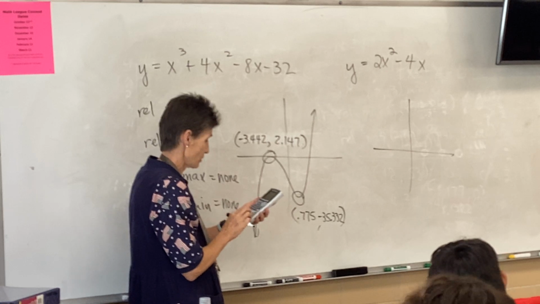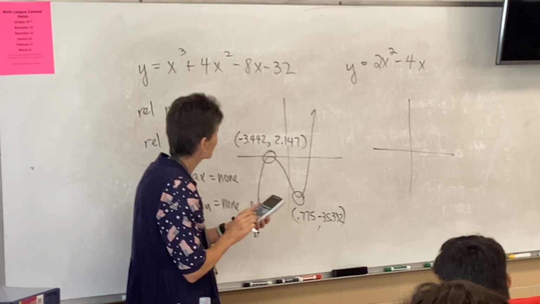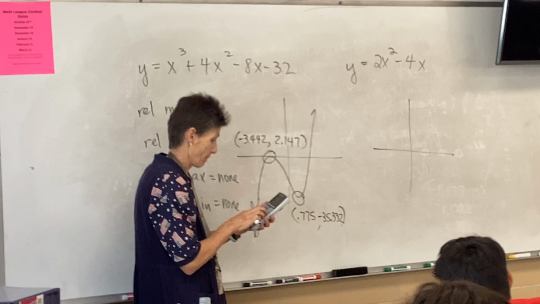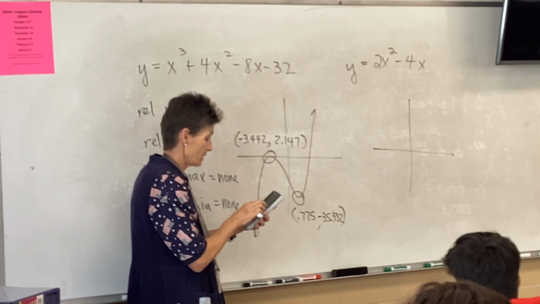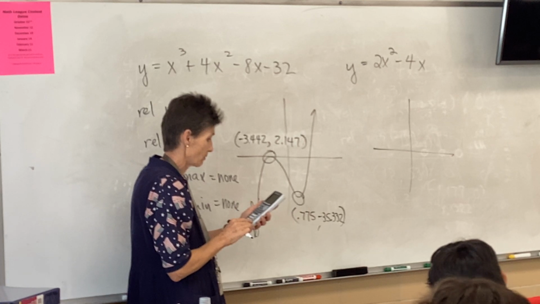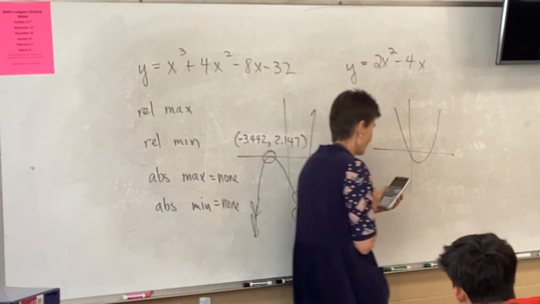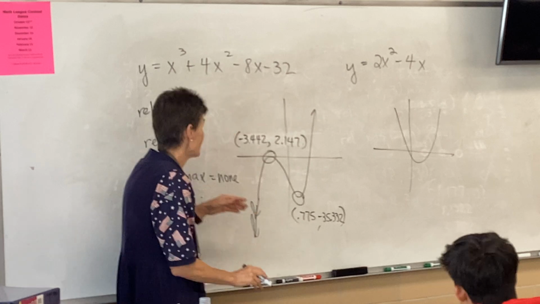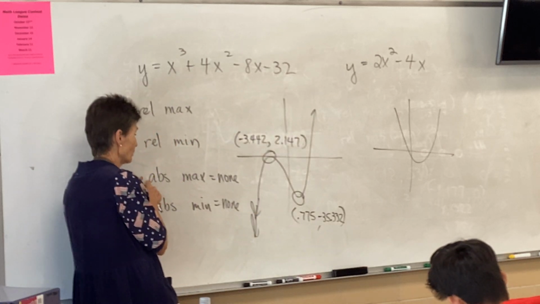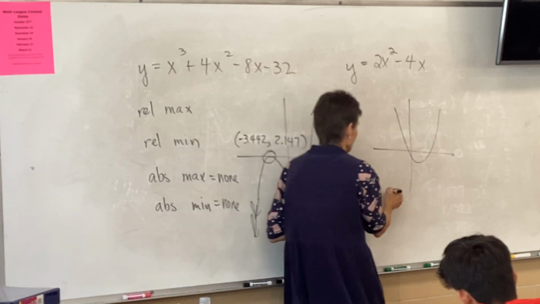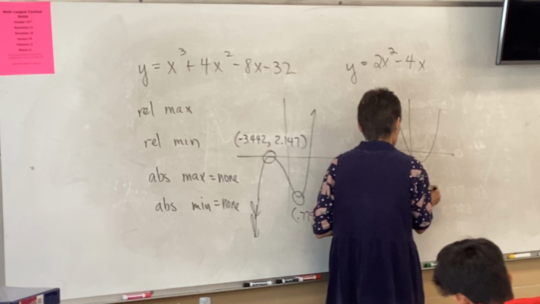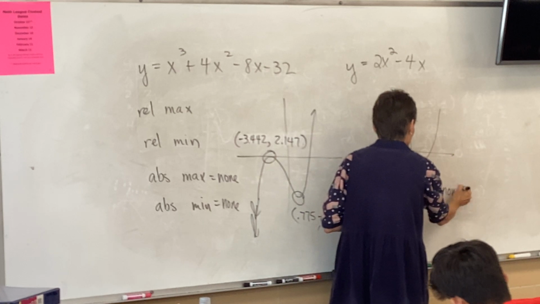Change my equation, try to get it typed in right. Okay, this one is a parabola, would you agree? Yeah. So tell me about absolute maximum. None. There is no absolute max. Only thing there is relative minimum.